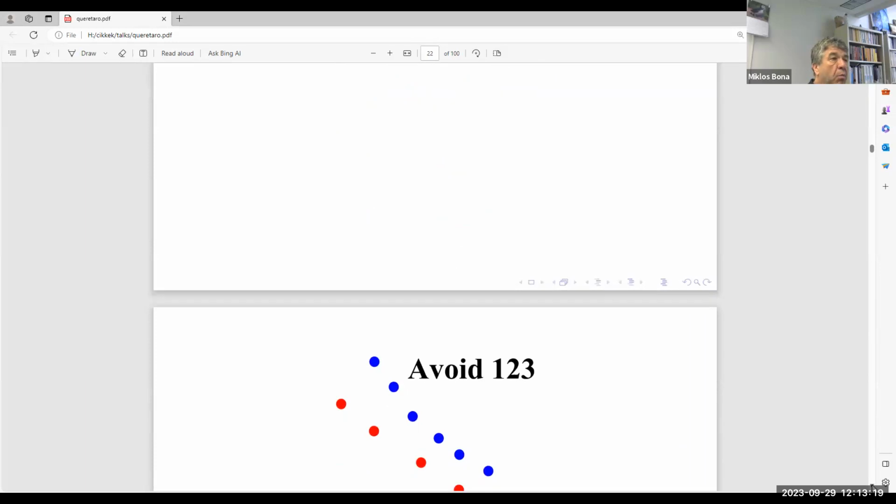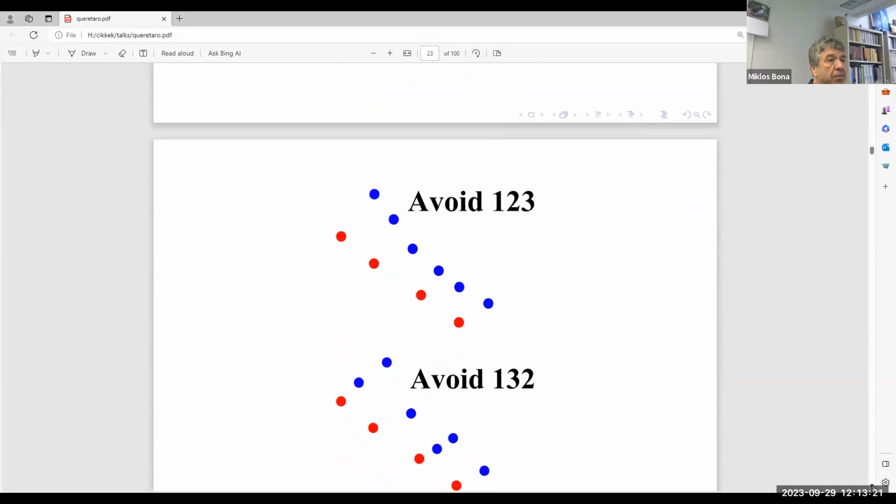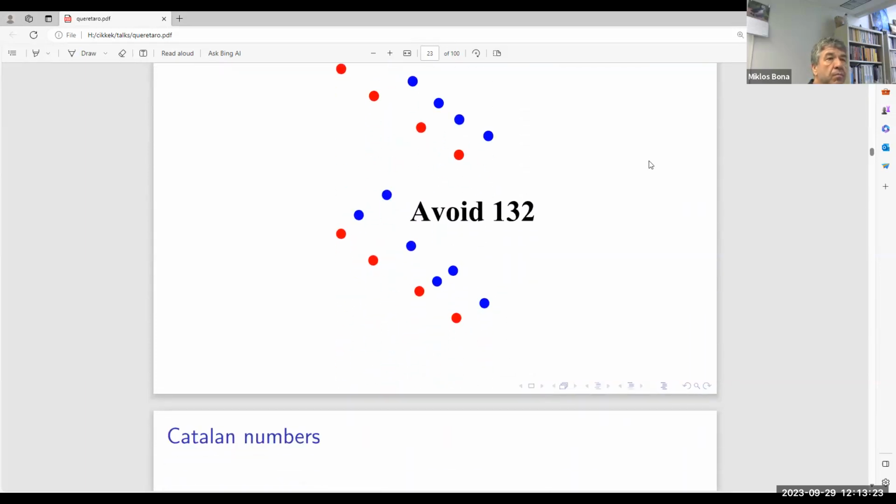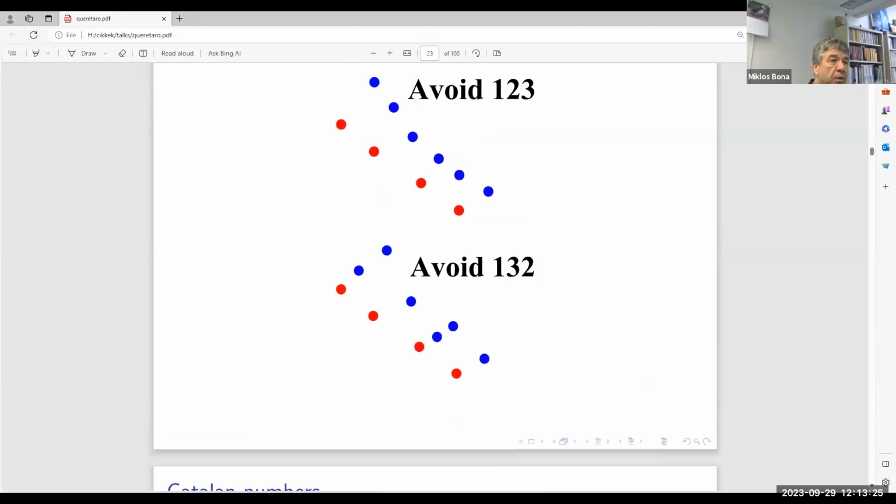So this was kind of a global organizing principle. To avoid 1, 3, 2, you need to think more locally. So you again take the left to right minima, where the set and position of them is the same as above. And now you want to fill the empty slots with the remaining entries so that you don't form a 1, 3, 2.